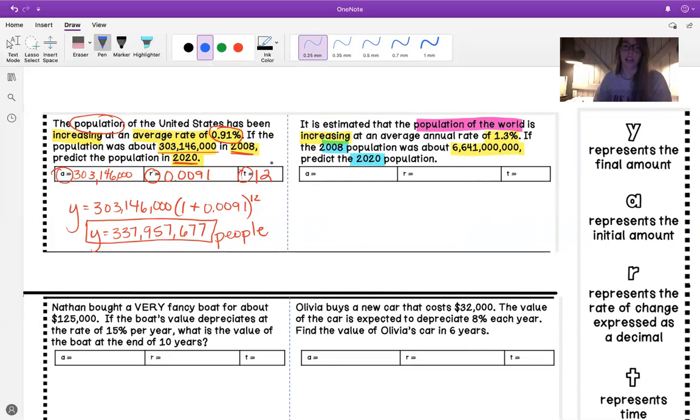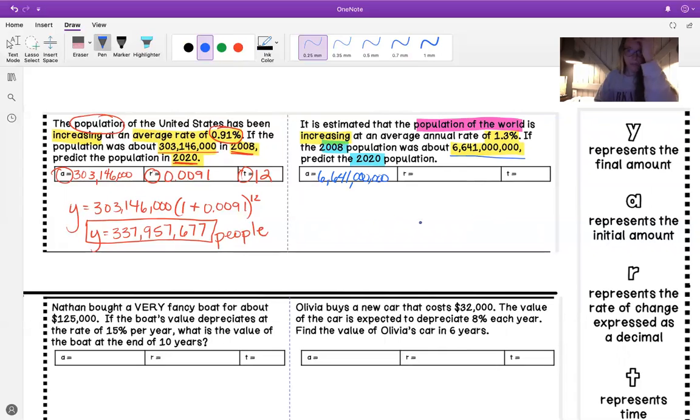Alrighty, so let's look at it. Our A, that's our initial amount. What is the population right now in the world in 2008? It's 6.6 billion, so we're going to write out that big number, 6 and lots of zeros.